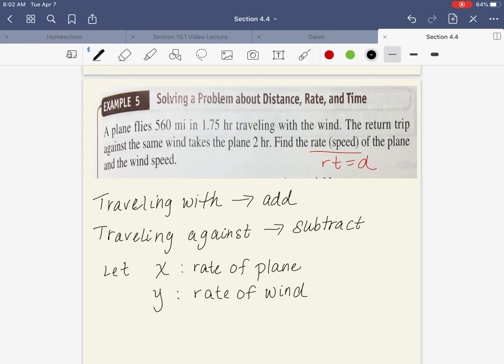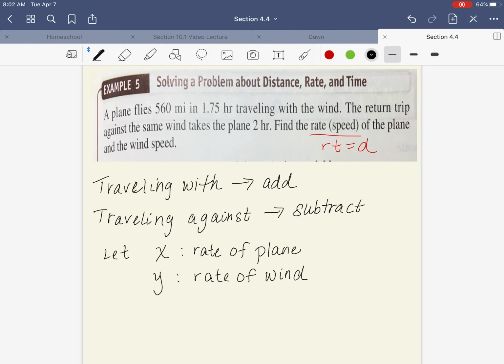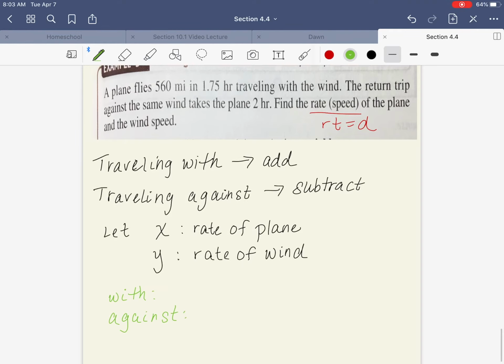All right, so again, I like to let X be the faster thing or the greater thing. So the plane would be traveling faster than the wind, I would hope. Okay. All right, so again, we'll have two equations, one where we're going with the wind and one where we are going against the wind.